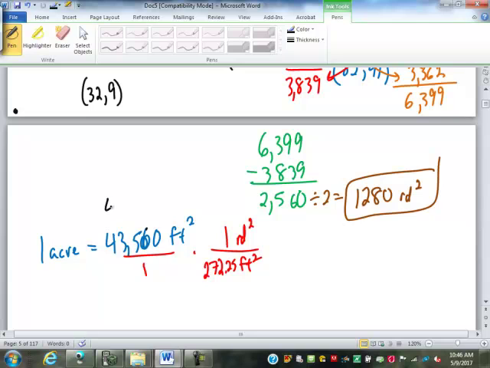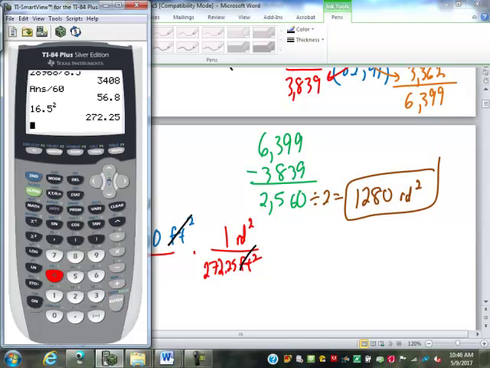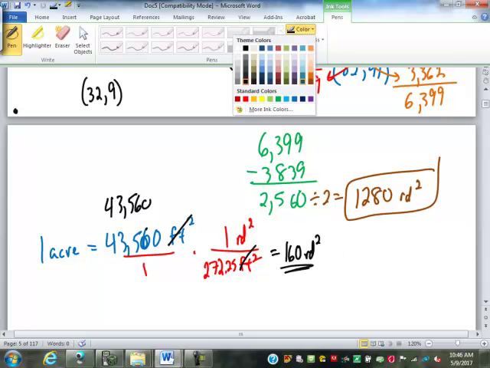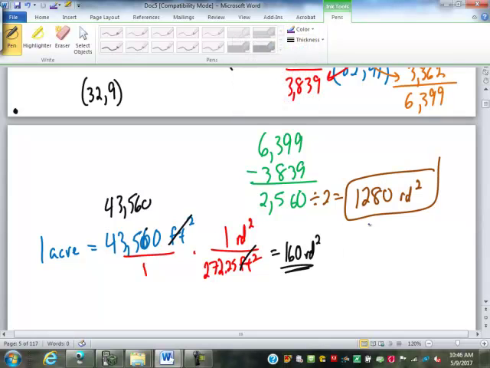Square feet cancel out, so you take 43,560 divided by 272.25. 160. So 160 square rods in 1 acre. I've got 1,280 square rods.